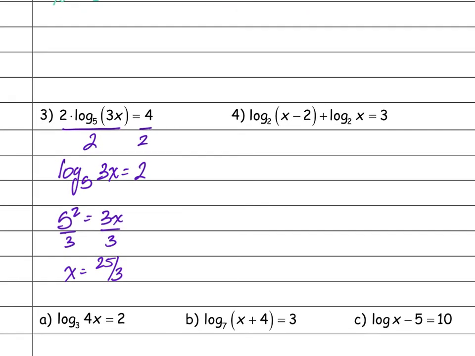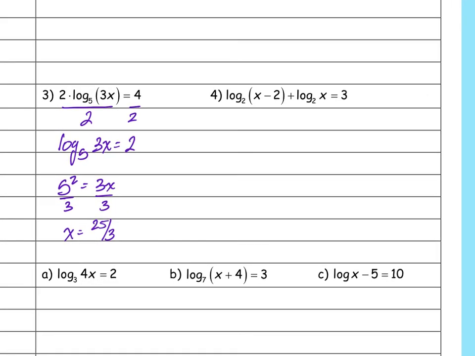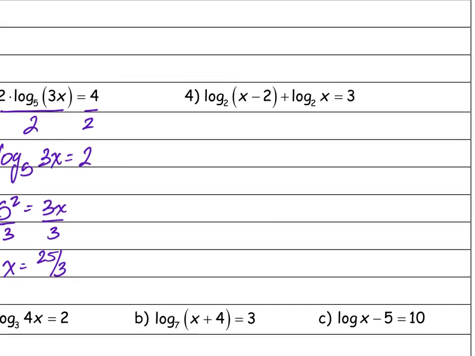Make sure that you read the directions on the checkpoint when we get there, because I really can't remember if it says to leave it in fraction form or decimal form. Each question might be different. Just make sure you read the question all the way through and answer it in the form that they want it answered in, okay?